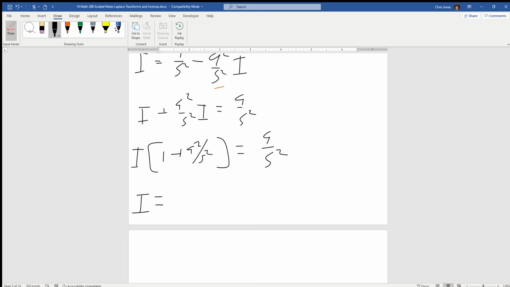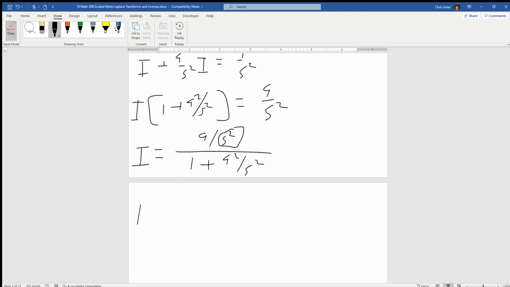So I is going to be equal to a over s squared divided by 1 plus a squared over s squared. And notice we can just move this s squared to the denominator, and we can write I as a over s squared times 1 plus a squared over s squared.